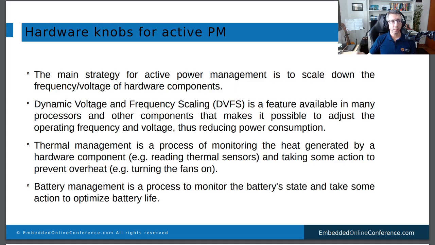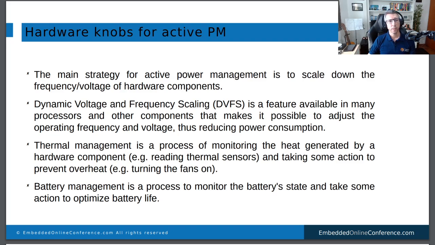For active power management, that means you want to manage power when the system is doing something. There are a few techniques as well. For example, DVFS is a very common technique. Dynamic voltage and frequency scaling is a feature that makes it possible for you to scale down or up the frequency of a device, for example, the CPU, to save power.